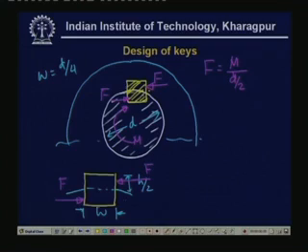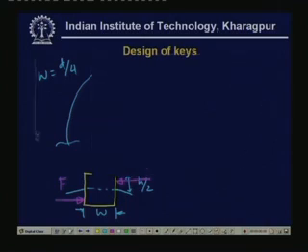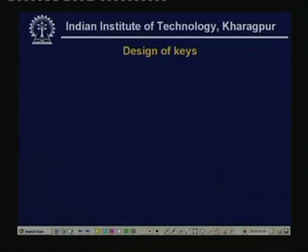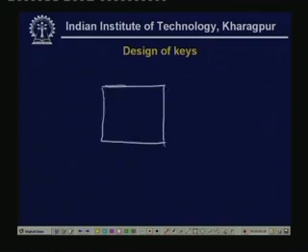Then we have to check for the design. Now, let me look solely at the key and try to find out the design. So, this is the key and it is subjected to force F, force F. This distance of course is W and this is H, total H, H by 2.